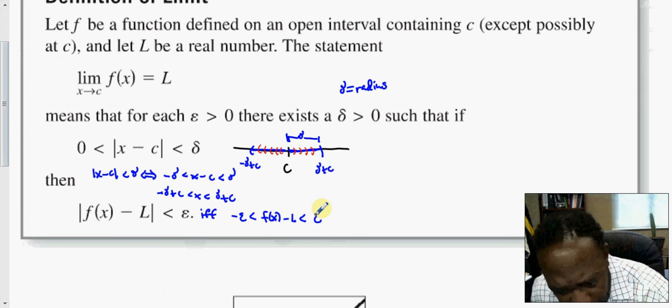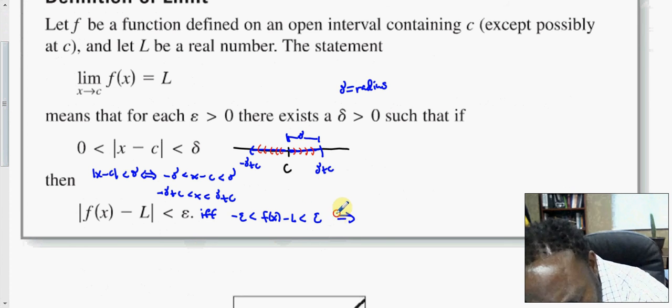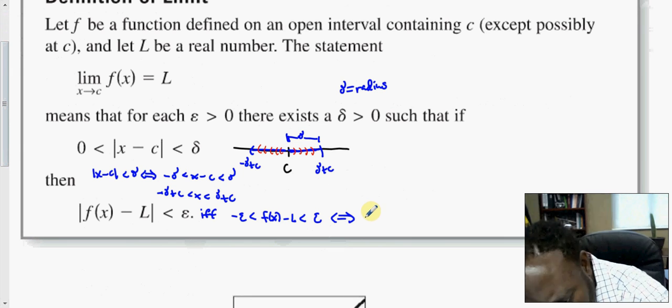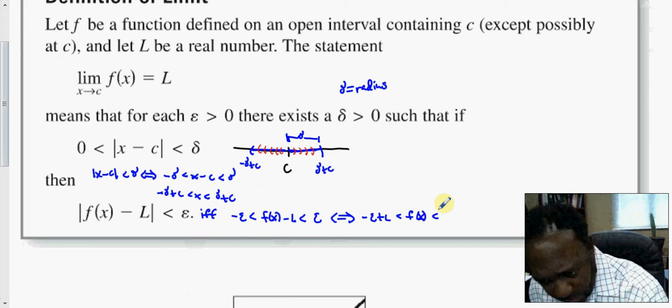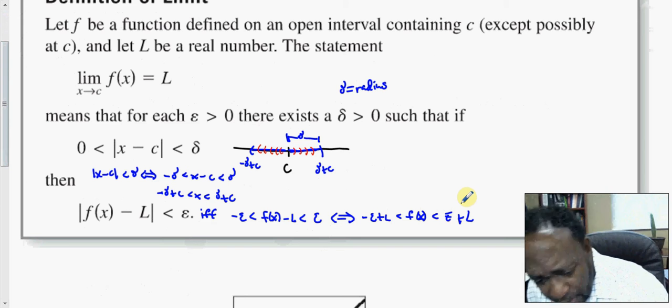And if we add L throughout, this implies in both directions that negative epsilon plus L is less than the function less than epsilon plus L.